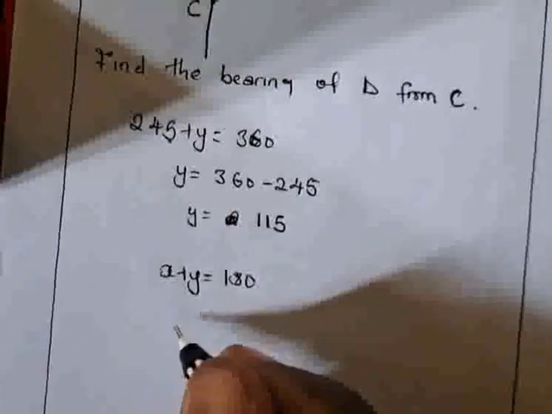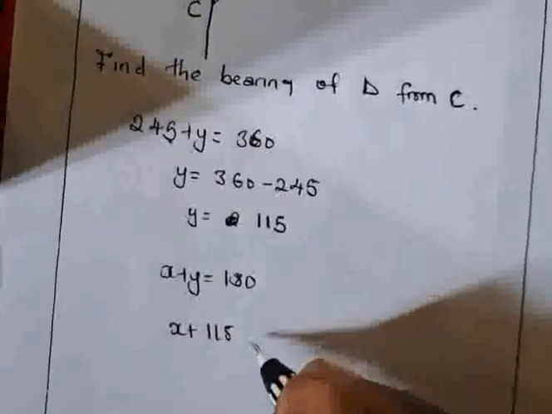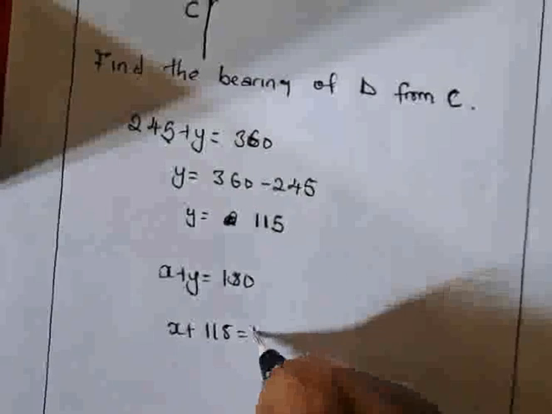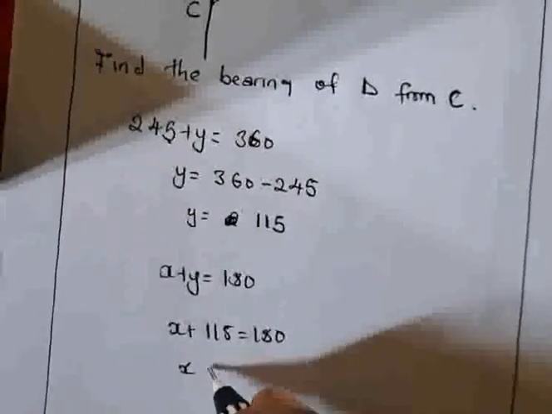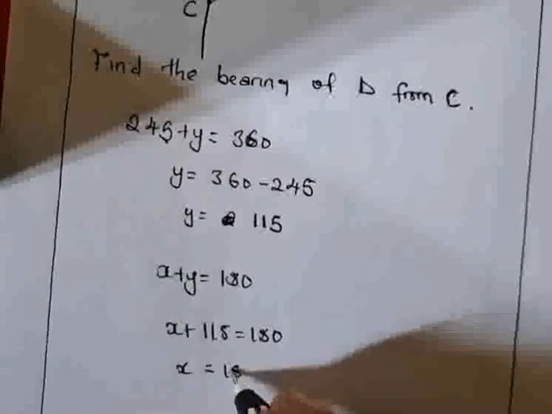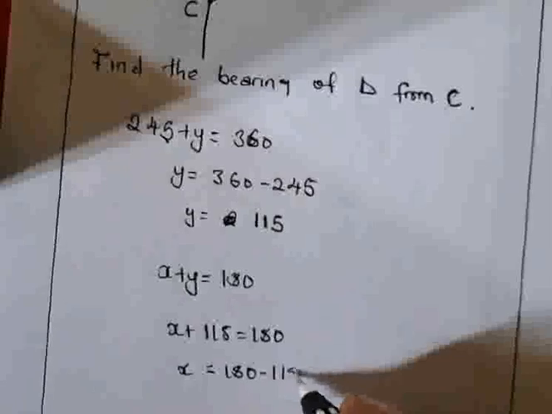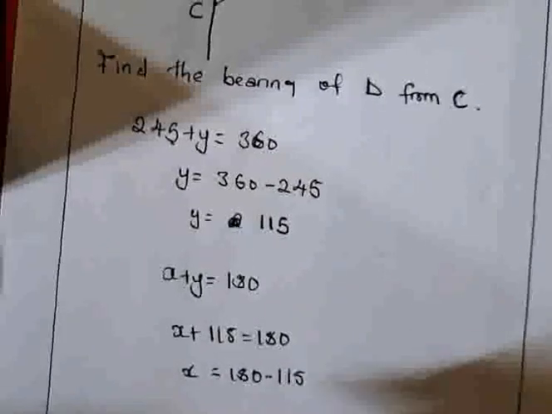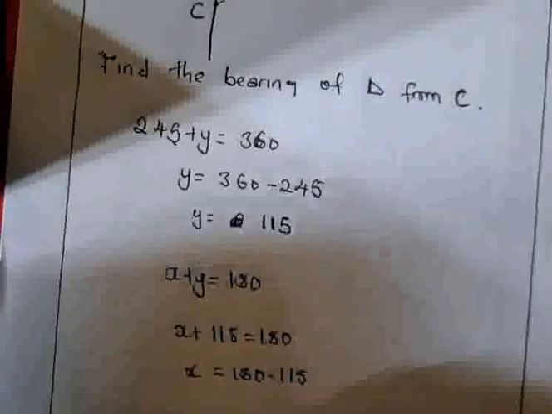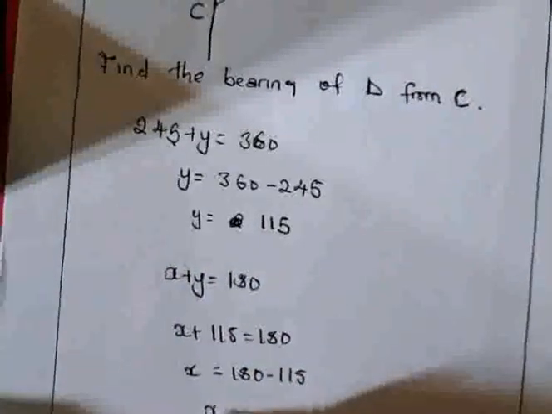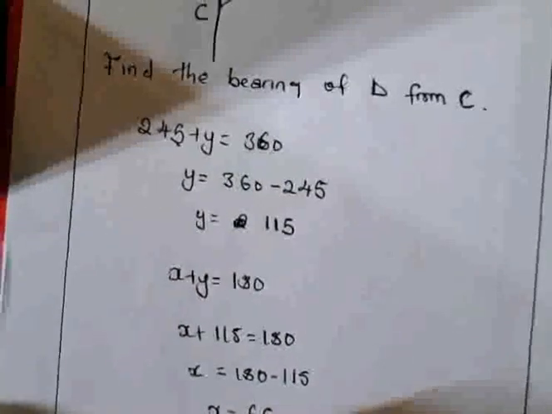So we say X plus Y, which is 115, is equal to 180. Then X is equal to 180 minus 115. So what is 180 minus 115? Okay, the answer is X is equal to 65, and that's it.